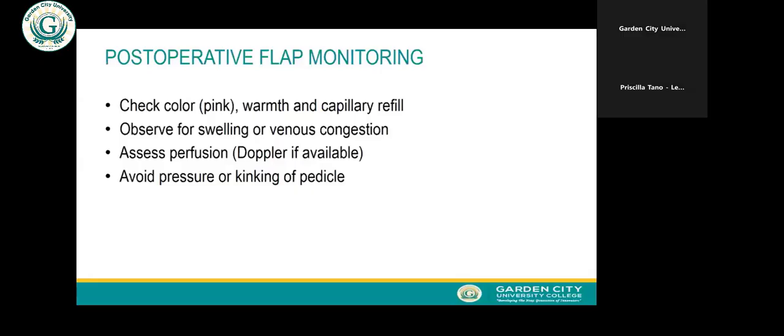In terms of positioning, it's also the same. We want to maintain positioning to promote tissue perfusion. For flaps, limb elevation is also key. We want to elevate it to avoid any swelling or edema. And we want to avoid any dependent position for these patients.